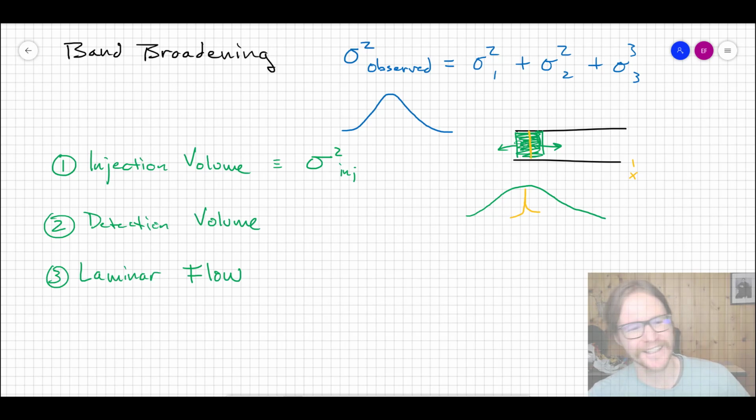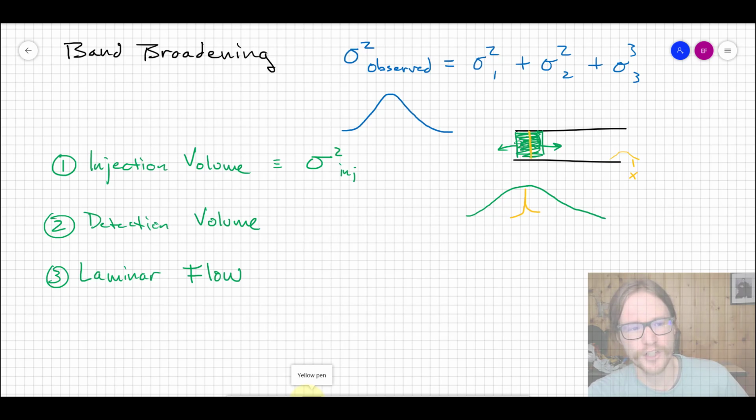The opposing side of this is the detection volume, because if we were able to insert an infinitely small injection volume, or even just a practically tiny injection volume, that might mean that by the time this thing actually does spread out down here, we don't have very many molecules at any given moment in time to actually detect it. Maybe it'll be below the detection limit of what we're trying to measure.